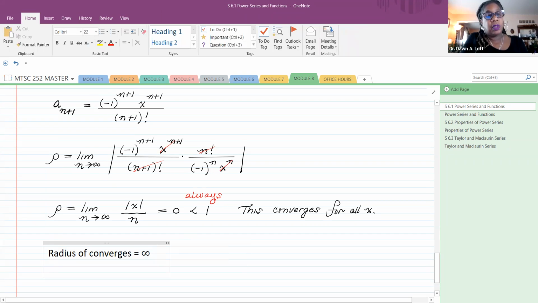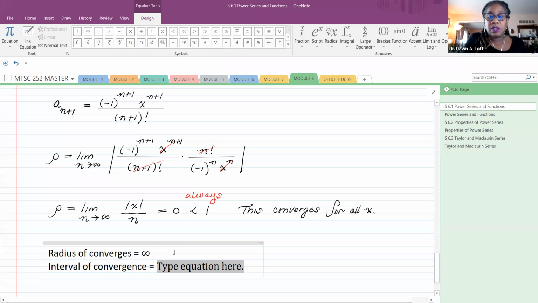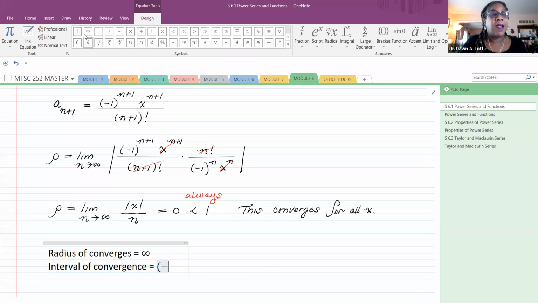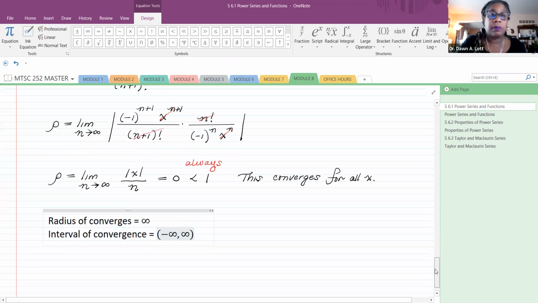And then the interval of convergence, well, that's just going to start at -infinity and go all the way up to infinity. And remember, our x naught was 0, so we're looking for a radius or an interval about 0. So we got that whole thing. Okay, any questions?